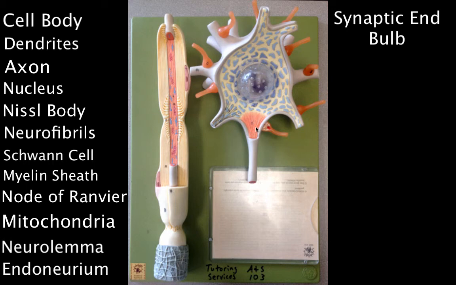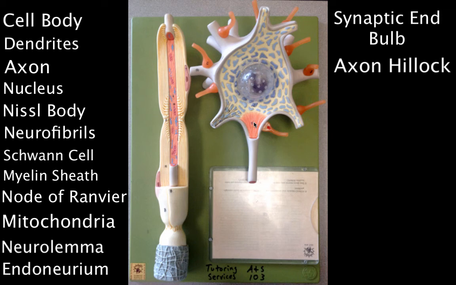This region of the neuron is a part where the electrical impulse is going to start up again, before it moves on down the axon. What would this region right here of the neuron be called? Okay, that's going to be known as the axon hillock.